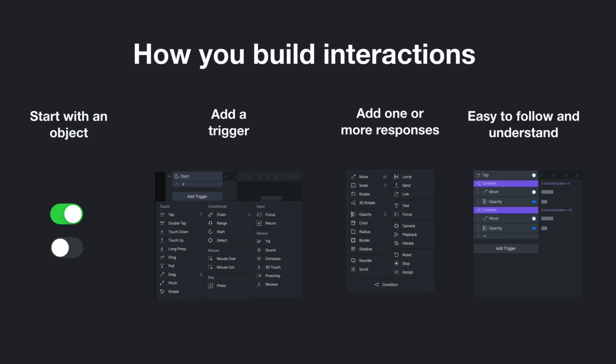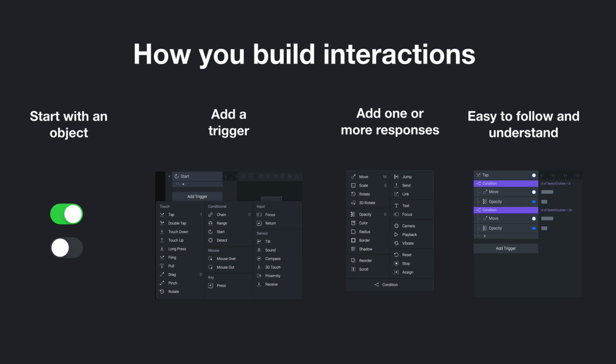You can see at the top, I've got a tap trigger. You'll actually see in the purple strips, I've got a couple of conditions in there. So we've got conditional logic inside of ProtoPie. I've added a condition, and then I've stacked a move and an opacity response, which in this case, the example is this iOS switch. So as you tap it, it switches from side to side.